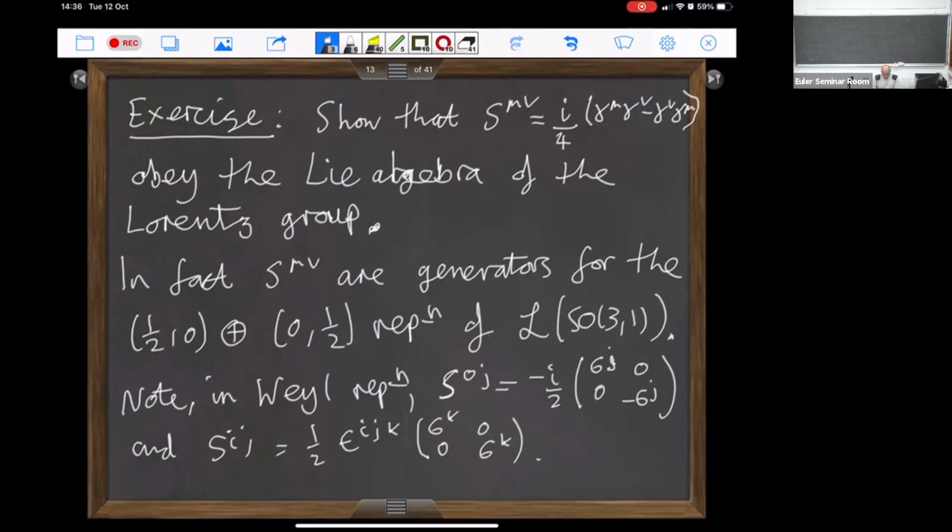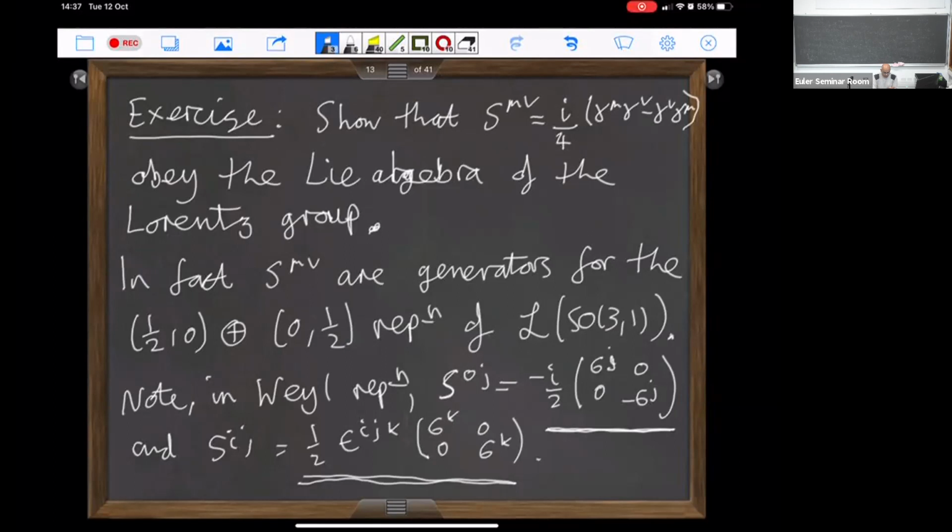And in particular, in the Weyl representation, the boosts look like this, and the rotations look like this, which is essentially of the form that we were used to before, maybe with some signs and a factor of i. But the important point here is that in the Weyl representation, the S mu nus are block diagonal.